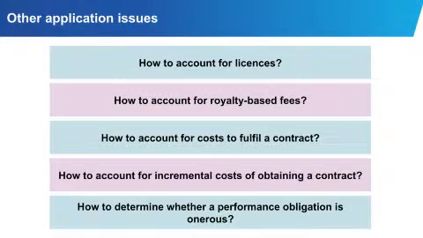Okay, so what about how to account for costs to fulfil a contract? Now, under the 2011 exposure draft, a company would first consider whether the costs of fulfilling a contract are in the scope of another IFRS. If this is the case, then the company would apply the guidance in that other IFRS. The ED also proposes amending IAS 2 Inventories to scope out the costs of a service provider.